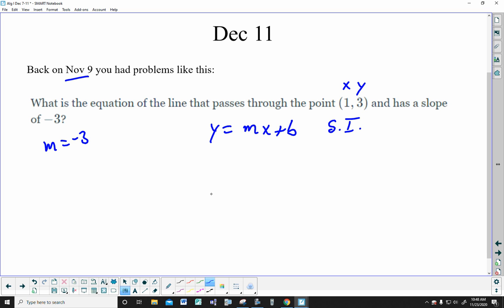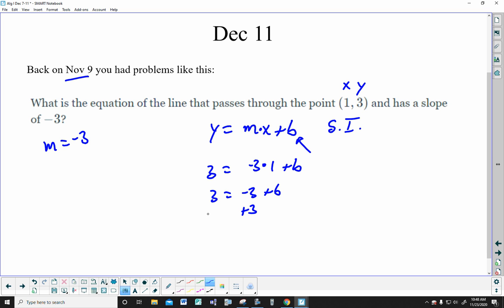So what you guys did when you first learned it is you filled in everything but the b because you don't know the b. You know the x, you know the y, and you know the m. So the y is 3, the m is -3, times, because there's the times there, 1 plus b. So 3 is equal to -3 plus b.